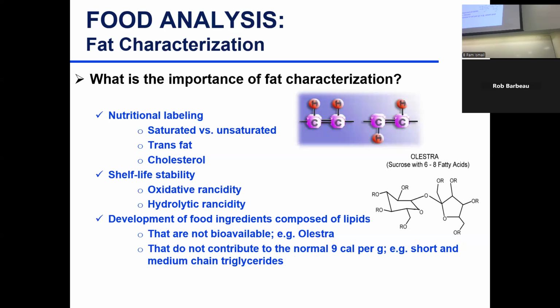And with high temperature and water, that's going to cause hydrolytic rancidity. So the triglyceride is going to break into fatty acids. And then with time, what's going to happen to those fatty acids? With time, and you're using the oil over and over, and it's open to the air, they oxidize.